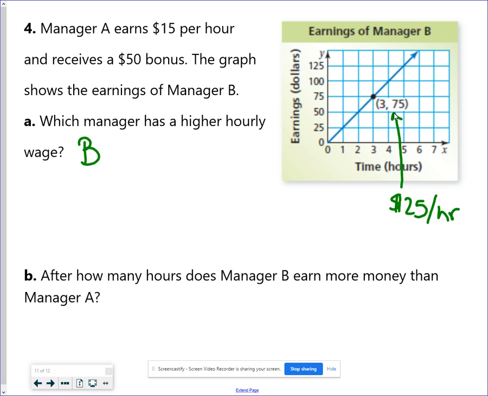The next question says, after how many hours does manager B earn more money than manager A? So manager A, if I graph manager A's information here, they start at $50. And then here's where it's a little bit tricky because I've got to go up $15 for every single hour.